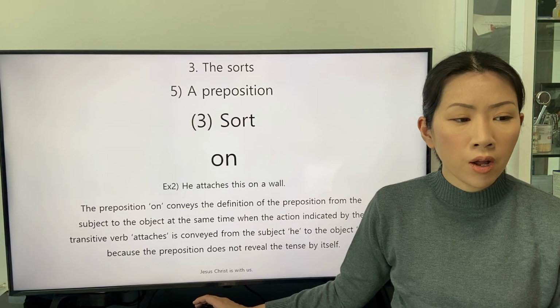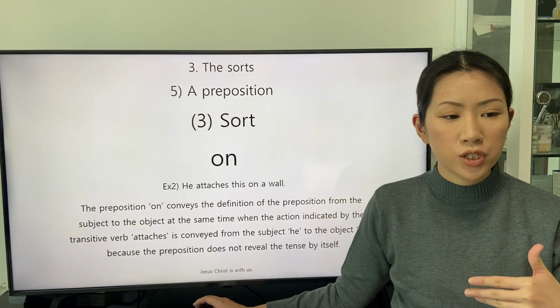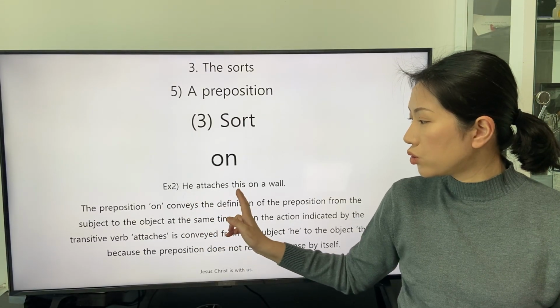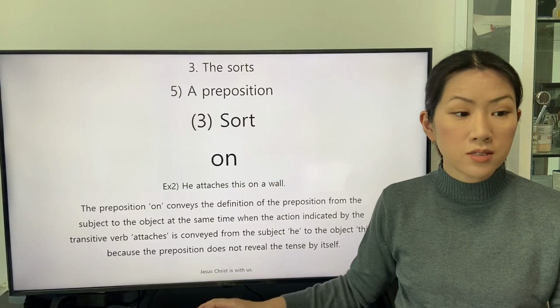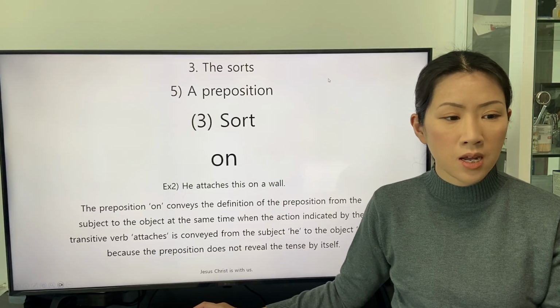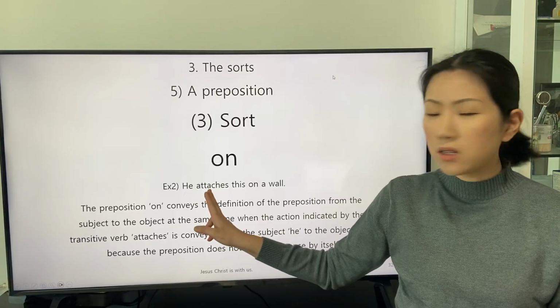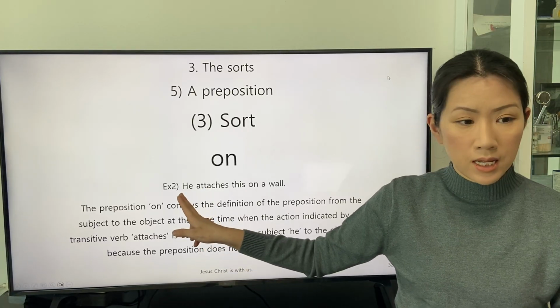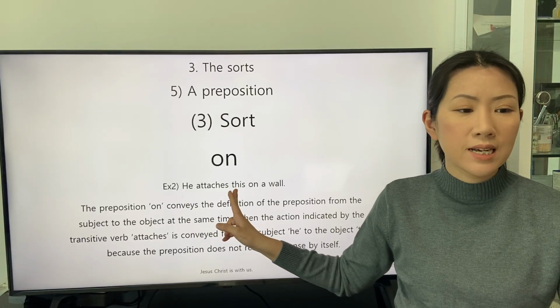The preposition on conveys the definition of the preposition from the subject to the object. At the same time, the action indicated by the transitive verb attaches is conveyed from the subject of the clause he to the object this.